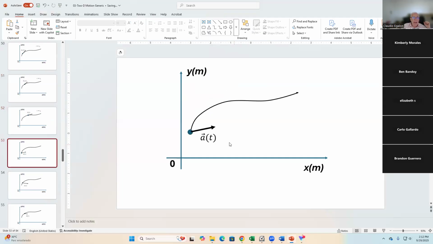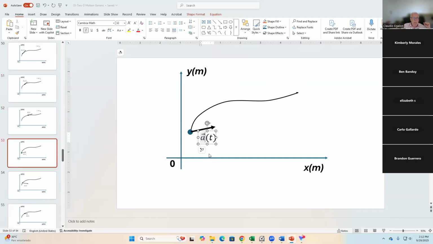Okay, so my A1 vector, what's going to be my A1 vector?